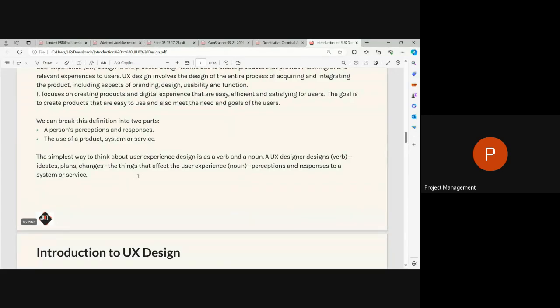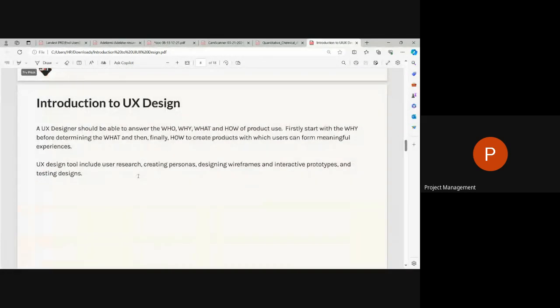The user's response or perspective about your design will determine whether it is a good design or a bad design. So even though you are coming up with a solution, always put your users first. Whatever decision you make, you have to put your users first.